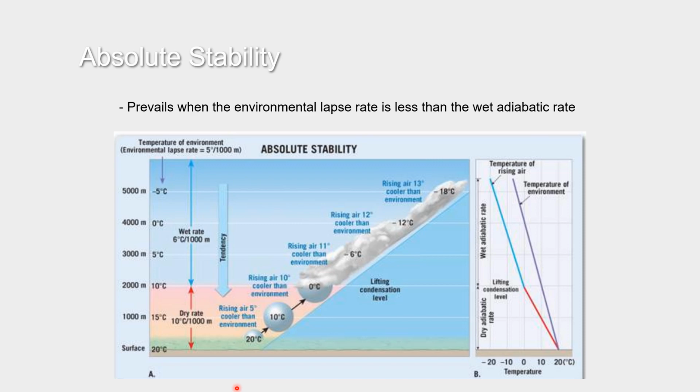This parcel of air is always cooler and heavier than the surrounding air. That's why it produces stability.